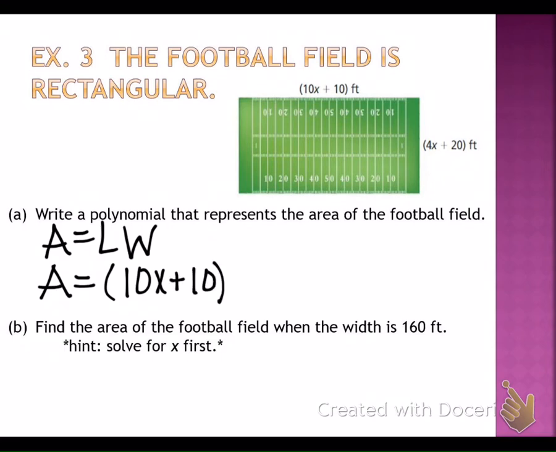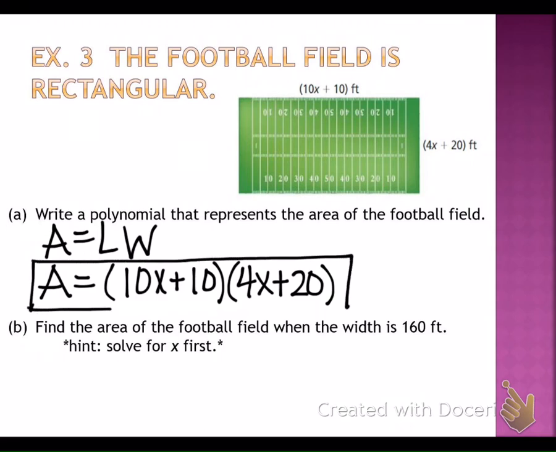So we're going to plug in the binomial 10x plus 10 for L, the length. What is the width of this football field? 4x plus 20. So we're going to plug in that binomial for W. And there is our area of this football field. So we box it in. That's all it asks us to do for part A.